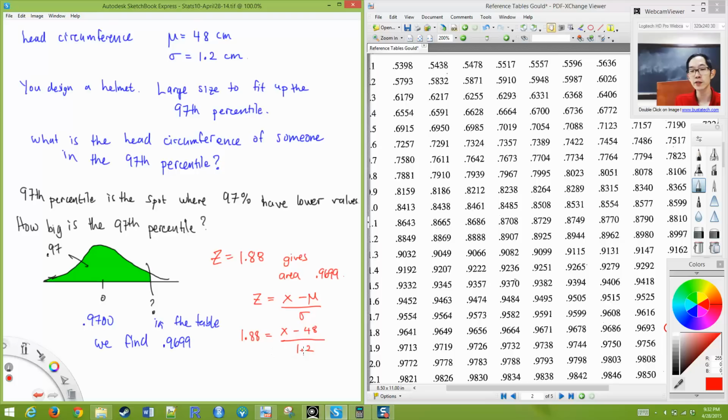So the answer to our question here, the head circumference of someone in the 97th percentile is 50.256 centimeters. Okay? I mean, that's way more precise than we need to be. We probably don't ever measure up to the thousandth of a centimeter, but there you have it.